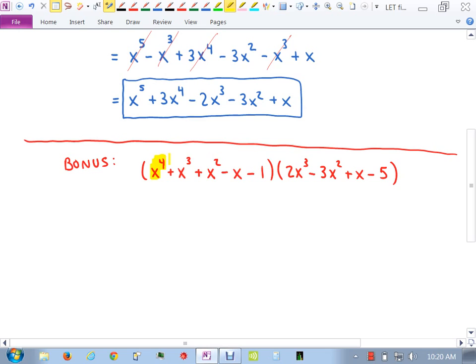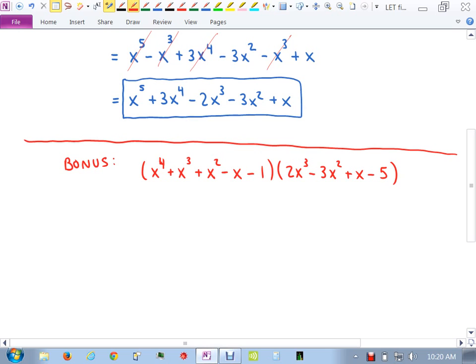You're actually going to have 1, 2, 3, 4, 5. 1, 2, 3, 4. You're going to have 20 terms. So you might want to write sideways, like landscape on a piece of paper, because you're going to have 20 terms that you have to add together. It's a bonus, okay? It's a bonus. But what this does is it helps you to understand how to properly expand polynomials.